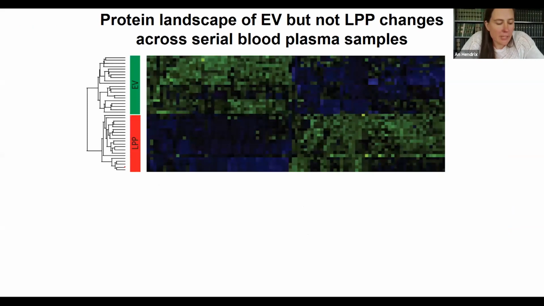Next, we were also interested to study the dynamics of both the EV and the LPP extracts in serial blood plasma samples. This study was performed on 4 ovarian cancer patients over 5 different time points during their clinical treatment course, starting from diagnosis until the end of the chemotherapy treatment.